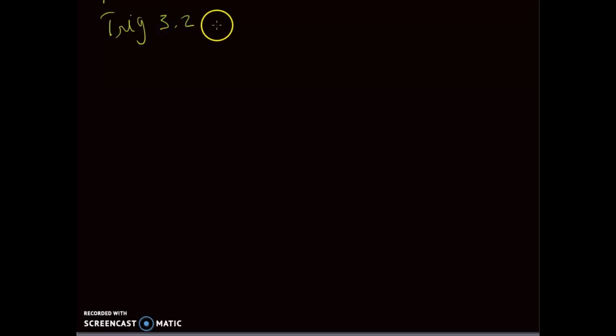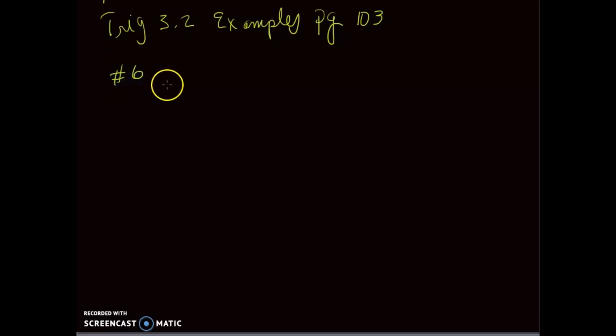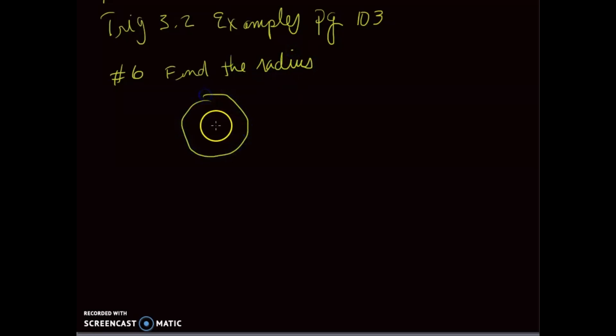Trig 3.2 examples. We already did number 2, I believe, on page 103. How about number 6? These are some pretty easy beginning ones. Find the radius. We've got this circle. It has a picture that looks something like this.